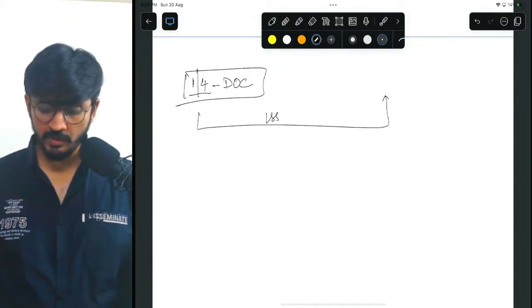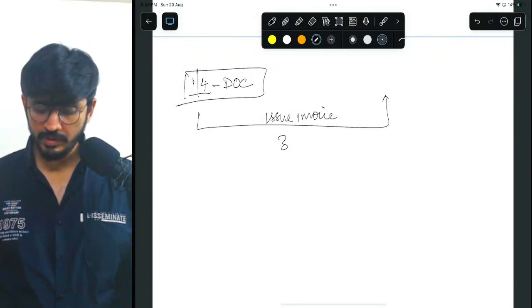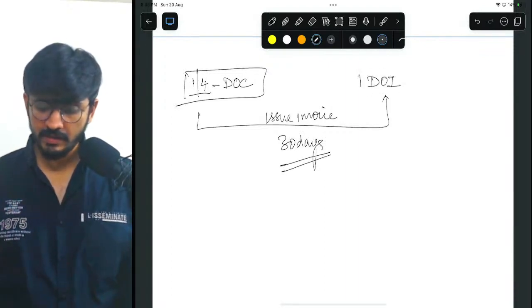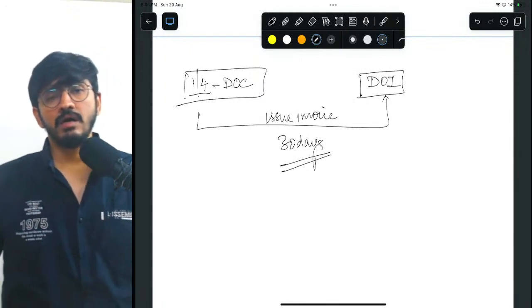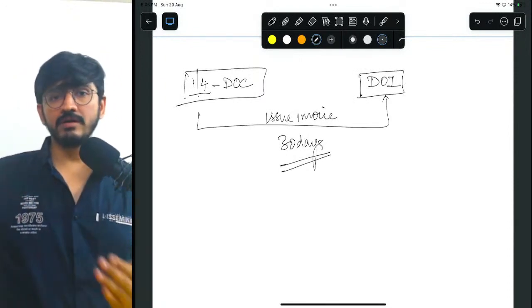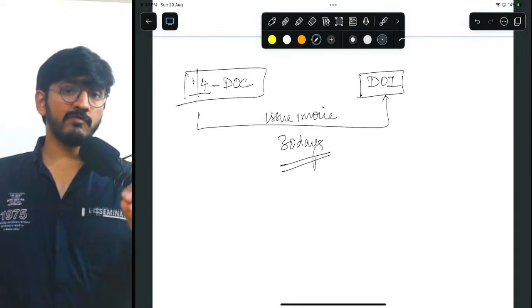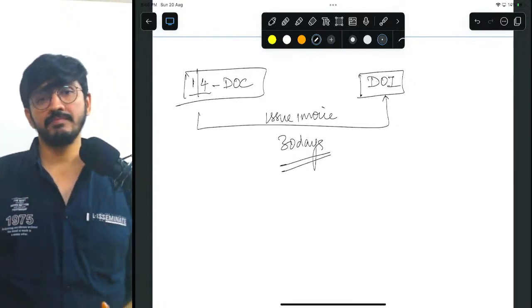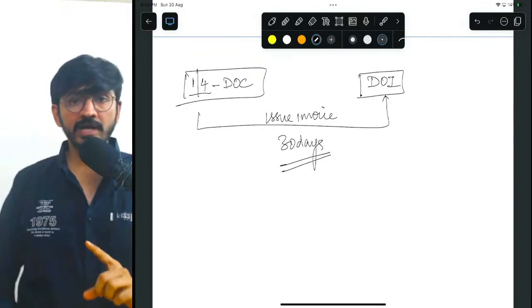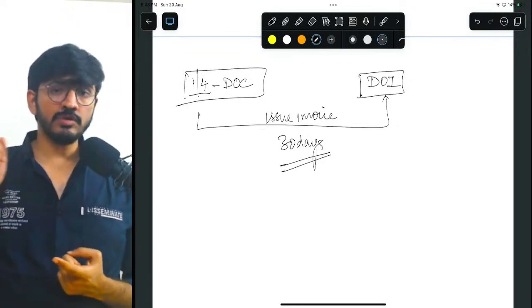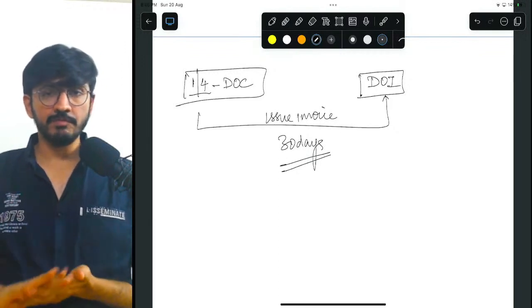If I issue the invoice within 30 days, it will be concluded that you've issued the invoice at the right time. So it's very important for you to gauge whether you have issued the invoice at the right time or not. If you've issued the invoice at the right time, simple.